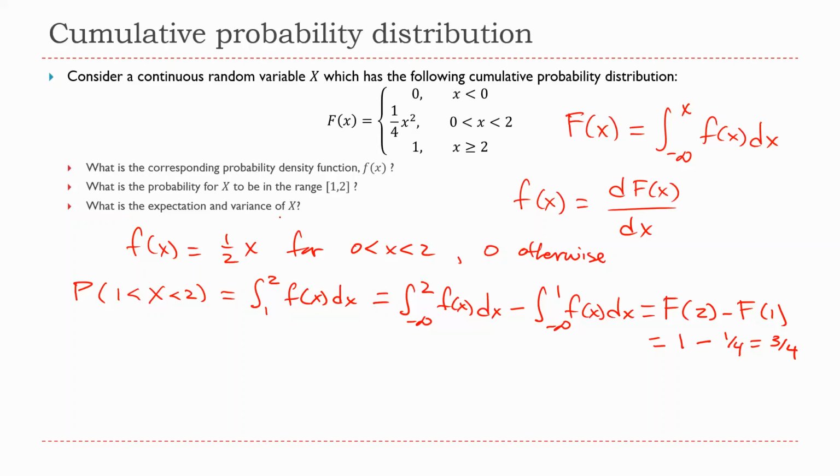Next we're asked what's the expectation and variance of the random variable capital X. So the expectation value is found by integrating over the entire range x times the probability density function of x. And so for this, we certainly do need the probability density.